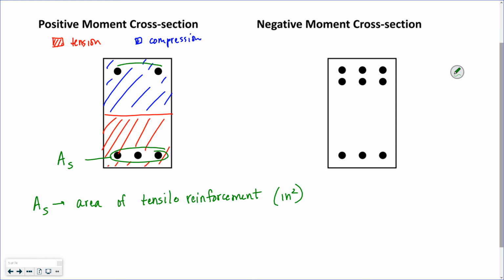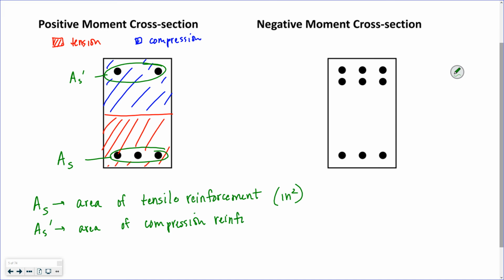Up at the top, this is my AS prime. When we're talking about the compression side of things, we add a prime to it. So that is my area of compression reinforcement.